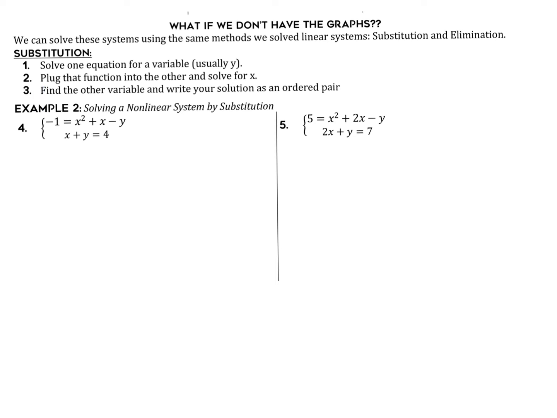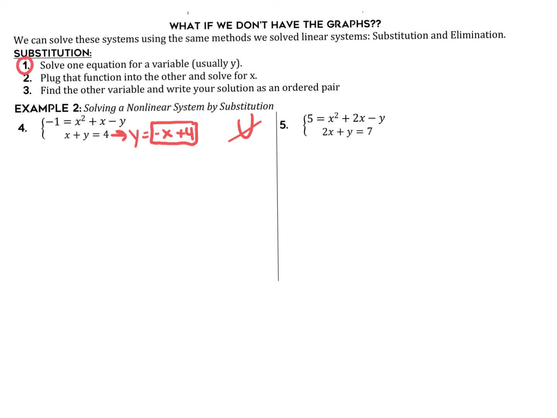So if I look at number 4 here, the first thing I notice is that what I'm talking about is a quadratic and a line. And we've talked about how those can cross twice, they can never cross, or they can cross once. So what I'm going to do is take the linear equation, the one that doesn't have an x squared, and subtract x on both sides so that I have isolated y, which is what step 1 was asking us to do.